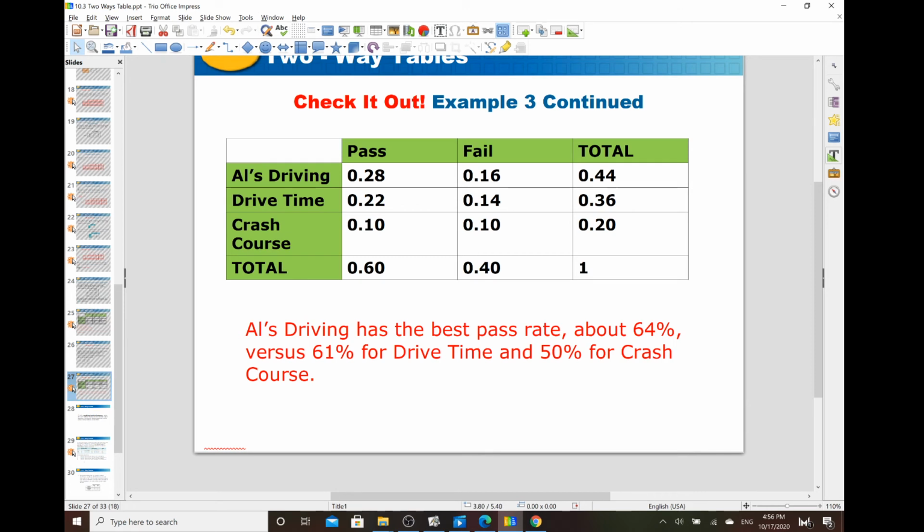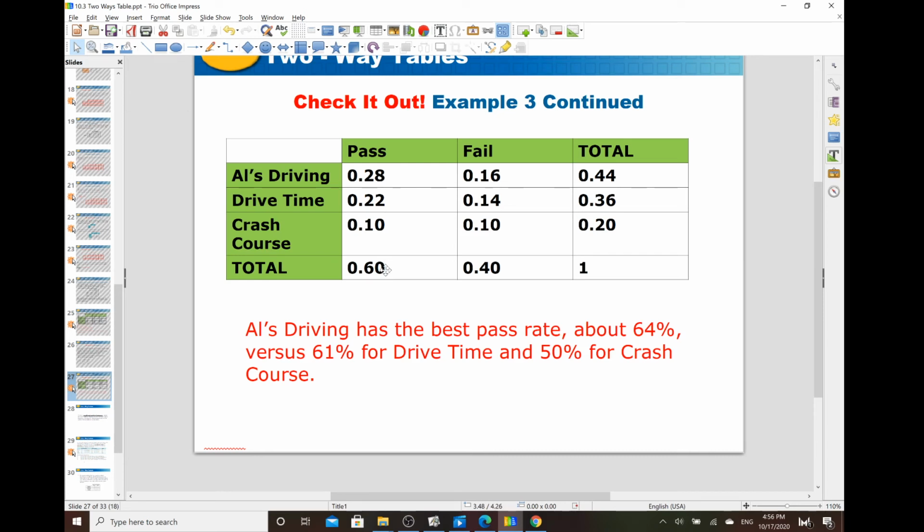So Al's driving has the best pass rate, about 64%. So 64% pass versus 61% for Drive Time and 50%. Okay, so the way that you find out this one is just like what? 0.28 divided by 0.6.